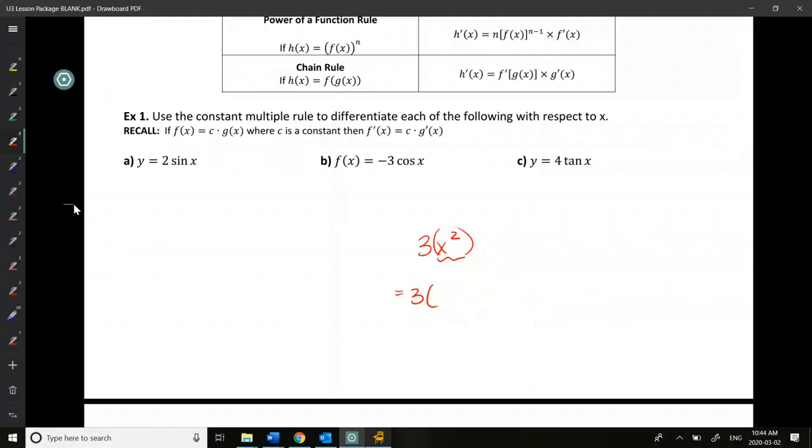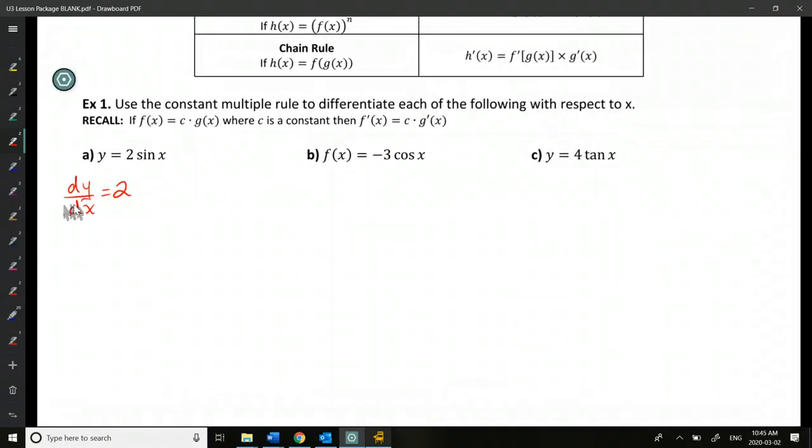We're going to do a similar thing with our trig functions. We keep the constant multiple and take the derivative of the function. So 2 stays, and then the derivative of sine x is cos x. And that's it.